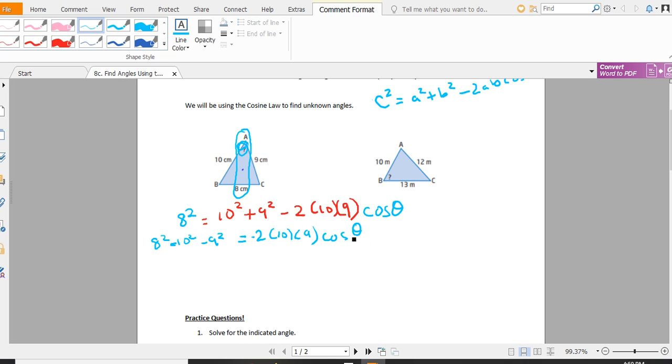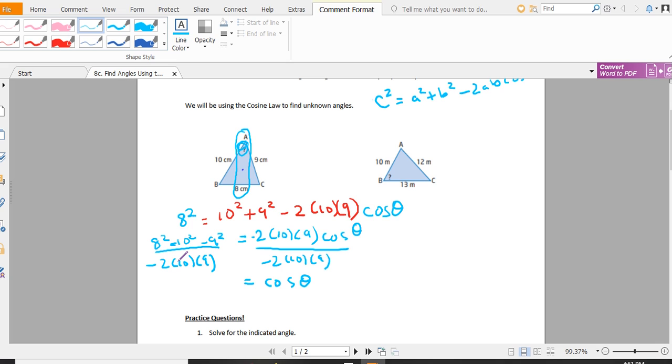Now I just got to divide, I have to find out what cos theta is, right? So I just need to divide all of this by negative 2 times 10 times 9. Then I would get cos theta will equal whatever all this equals out to.